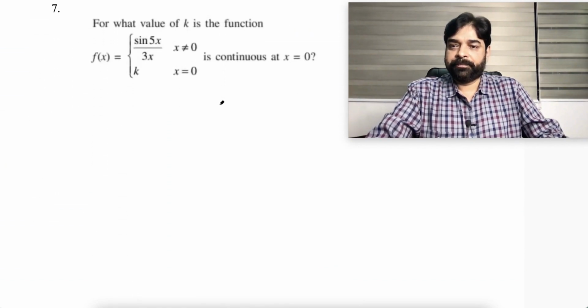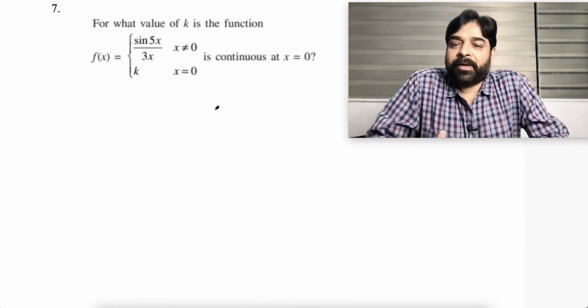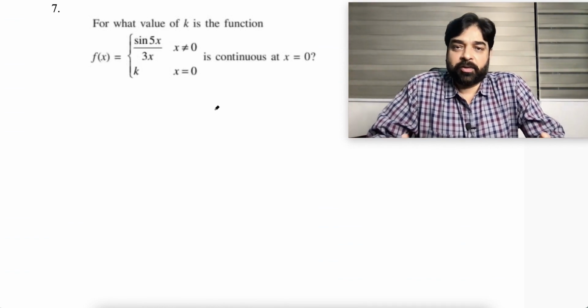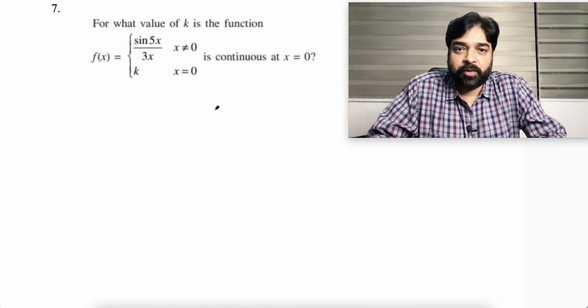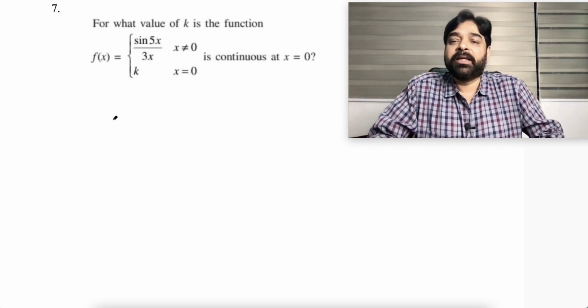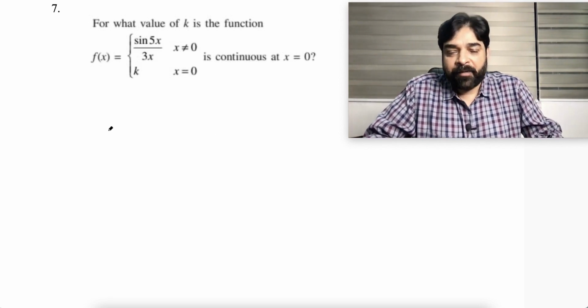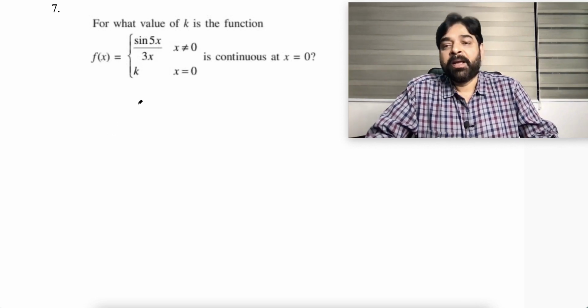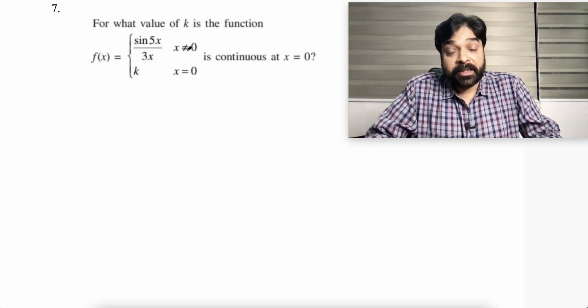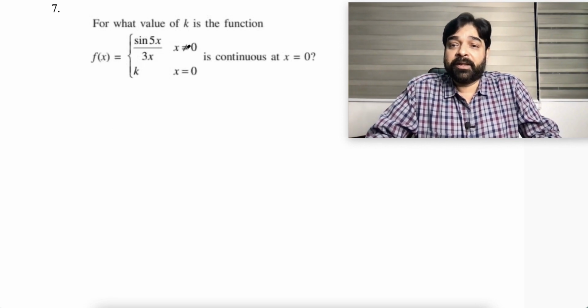So next question. For what value of k is this function continuous at x equal to 0? Whenever a function is given as continuous at x equal to 0, we can apply the condition f(a minus h) equal to f(a plus h) equal to f(a). But if you notice, it's given that for less than 0 or greater than 0, this is a single function.